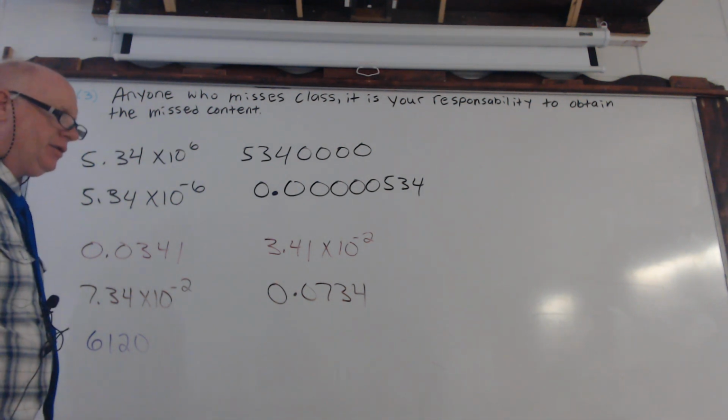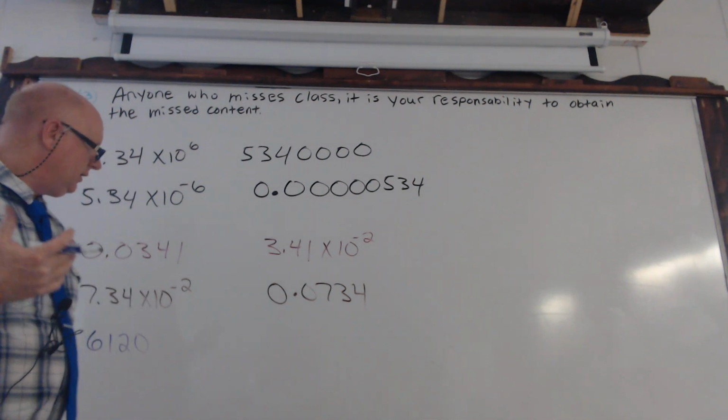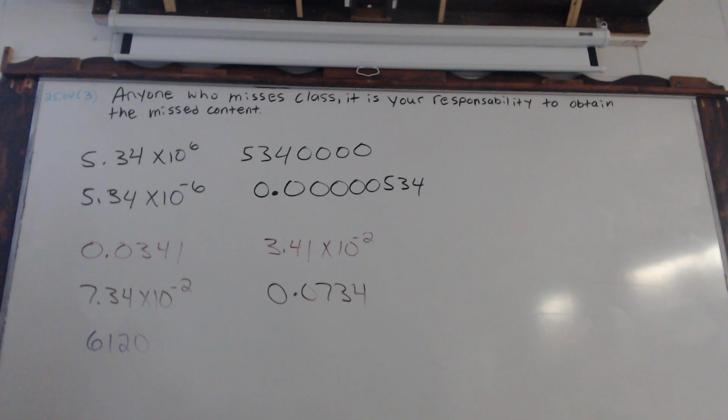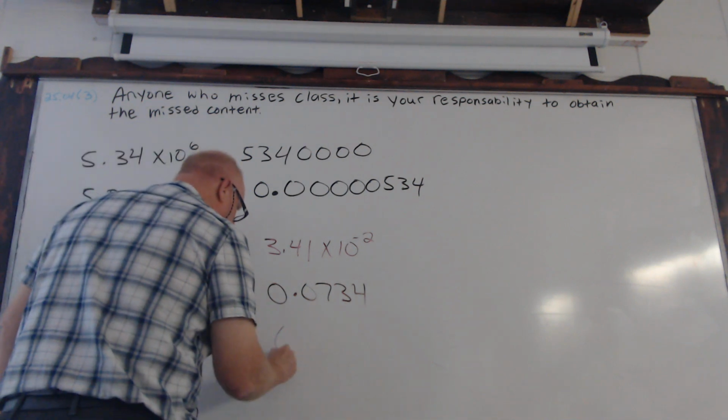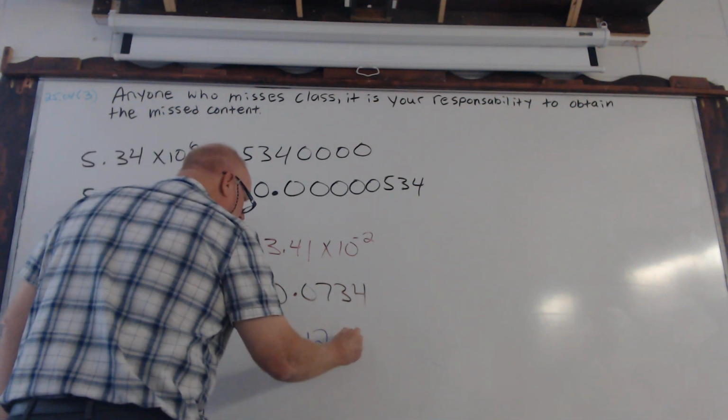Okay? So the next thing we need to decipher is, what was I going to say? How do we get that? That's what I meant. How do we get this to a number between 1 and 10? 6.12. So it would be 6.12 to the power of 3.